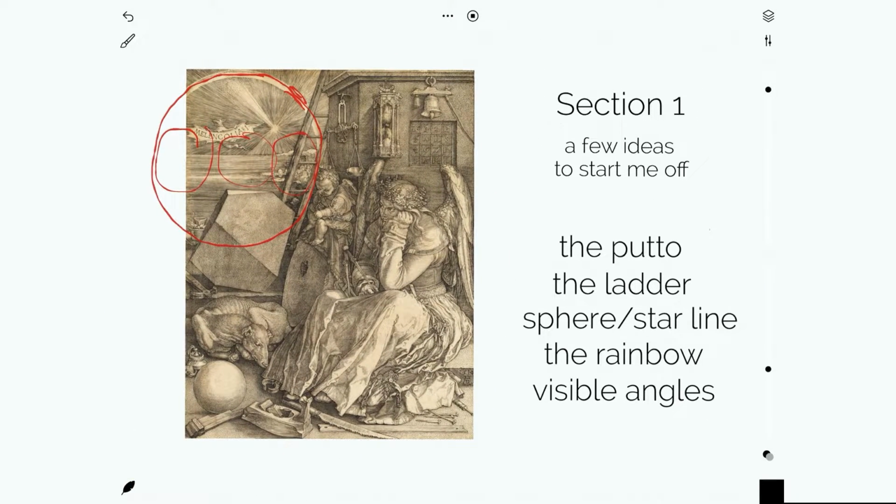And then finally I had this conviction that nothing is wasted and that these angles were important. So I was interested in finding out what the angles were and then projecting them up and seeing where they went to. So that's the end of section 1.